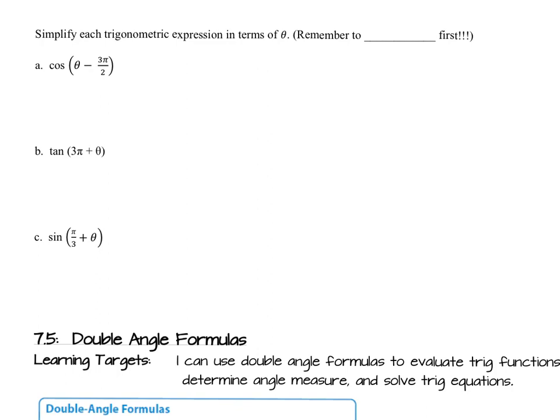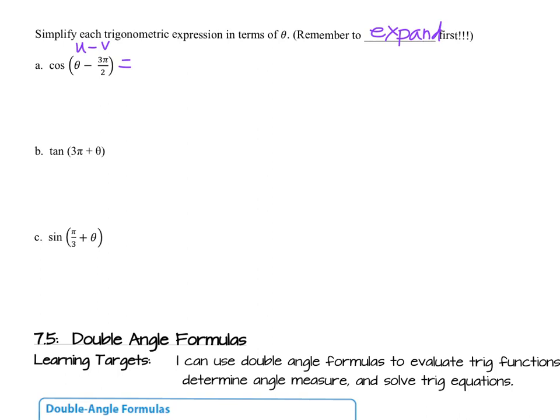In the last section, we're just going to do a little bit more work with expanding, and we're going to go back to our unit circle. So anytime you have a parenthesis, remember to expand your definition first. Cosine of theta minus 3 pi over 2. This would be the difference formula for cosine, u minus v.